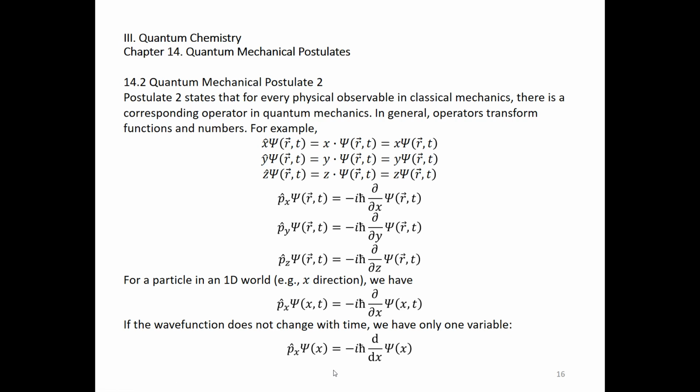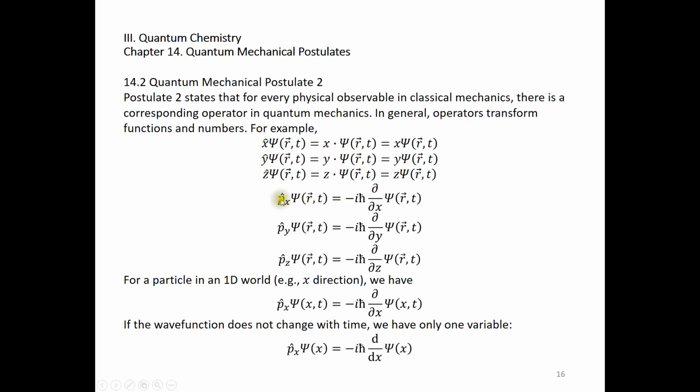Postulate 2 states that for every physical observable in classical mechanics, there's a corresponding quantum mechanical operator. In general, operators transform functions and numbers. Again, there are some more general examples over here. If we apply the x operator to psi, it's simply x times psi. If we apply the y operator to psi, it's just y times psi.